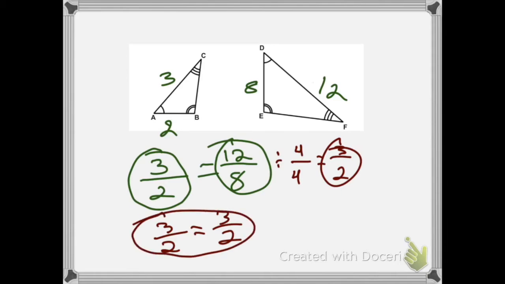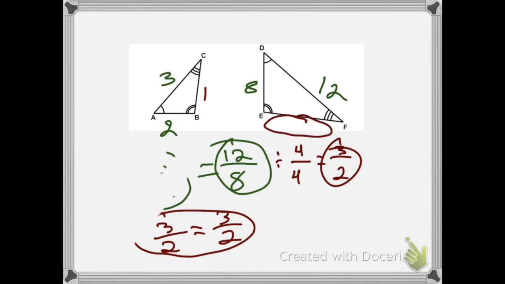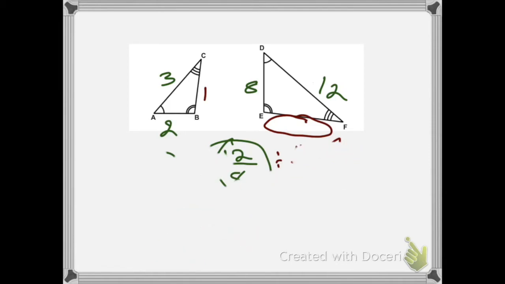Okay, how can this be helpful for us? Well, suppose that this piece is 1, right? I can actually set up a proportion to solve for this side if I didn't know my scale factor. So I can set up the proportion of 1 over 2 is equal to, what would that be equal to, guys?